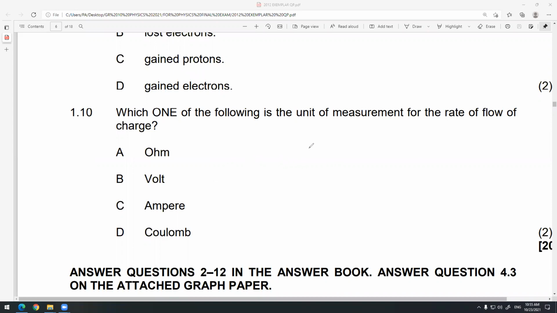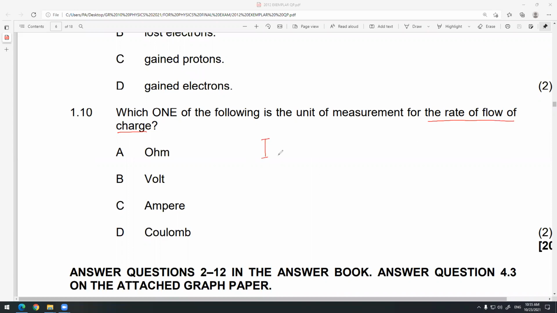So we have to remember something, people. First of all, now we can answer the question because you stopped the video and you tried. Now it's my turn. The rate of flow of charge is current.